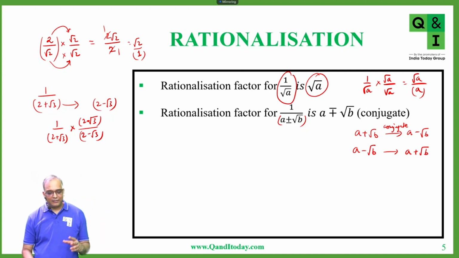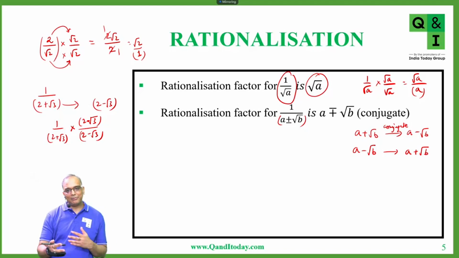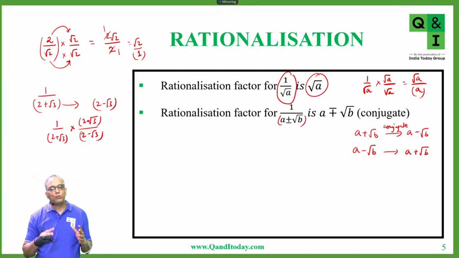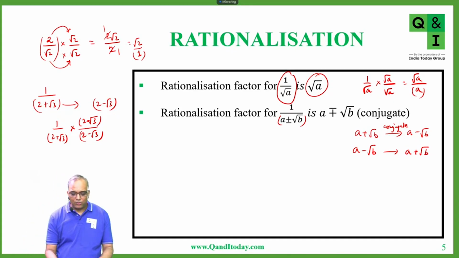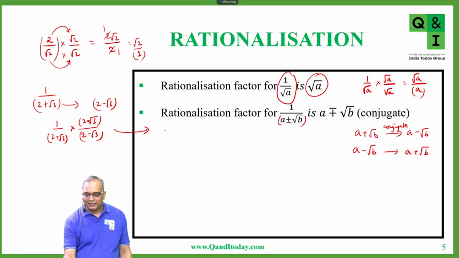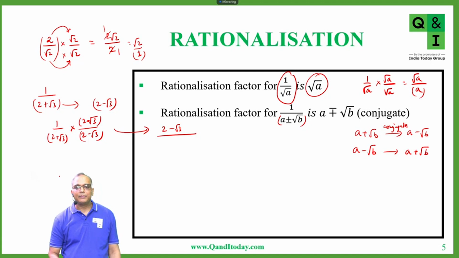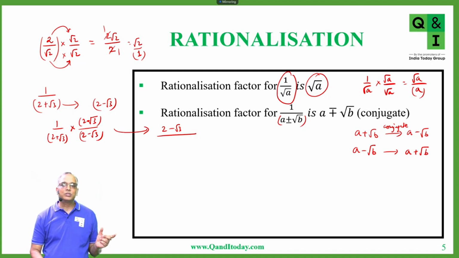So, when we have something of the form 1 by 2 plus root 3, we will have to convert this denominator 2 plus root 3 into a rational number. For that, we multiply both numerator and denominator by the conjugate of 2 plus root 3, that is 2 minus root 3. If you further solve this, we will have 2 minus root 3 divided by, if you multiply the denominator 2 plus root 3 into 2 minus root 3, you are going to use the identity a plus b into a minus b.